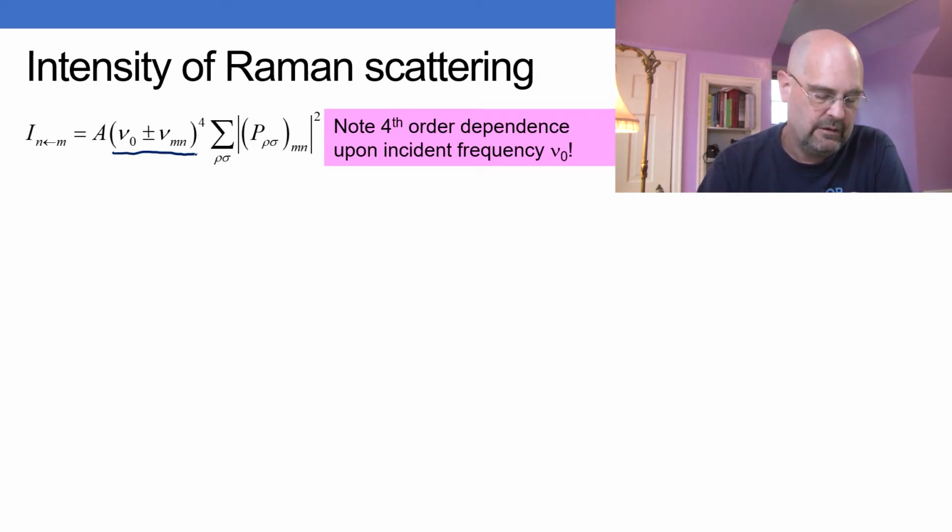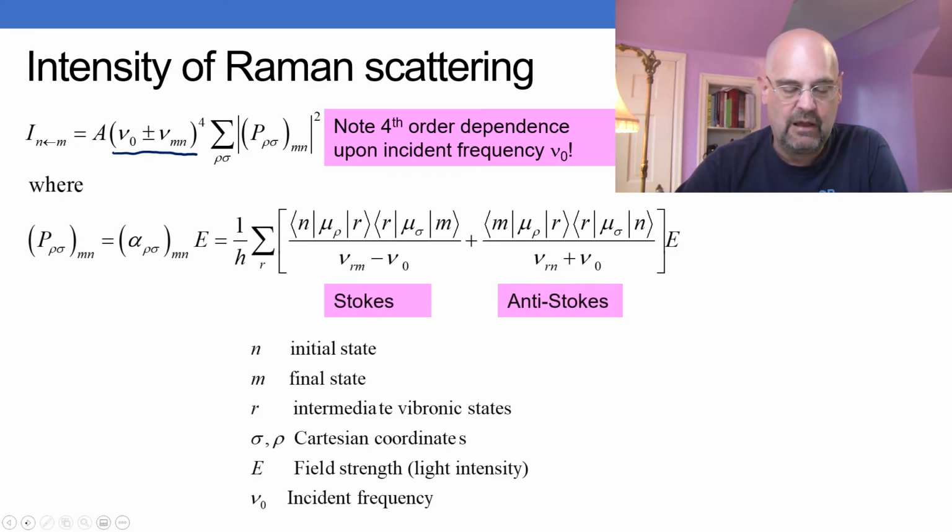The important piece is to realize that we're using a slightly different notation than we used before. We have the Stokes and the anti-Stokes, nu minus nu zero, nu plus nu zero, initial state, final state, and the intermediate vibronic states.